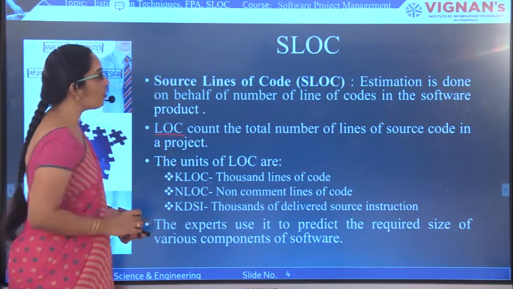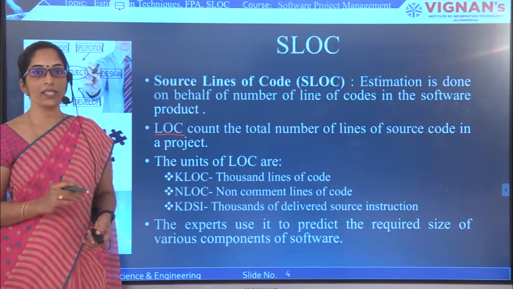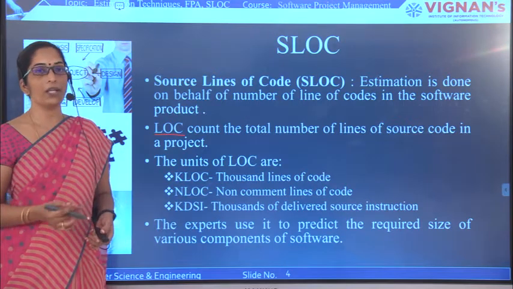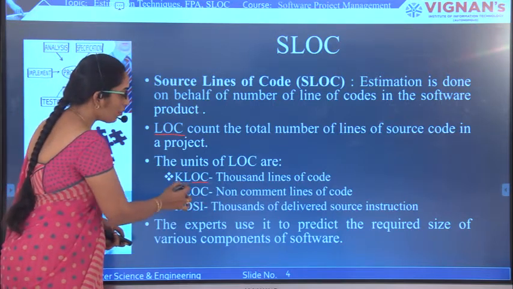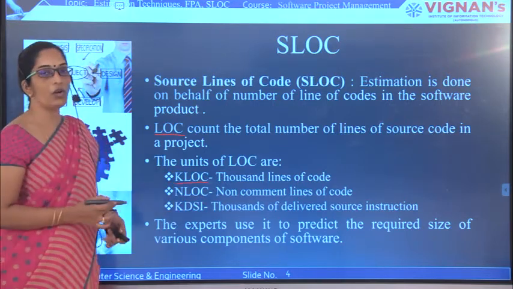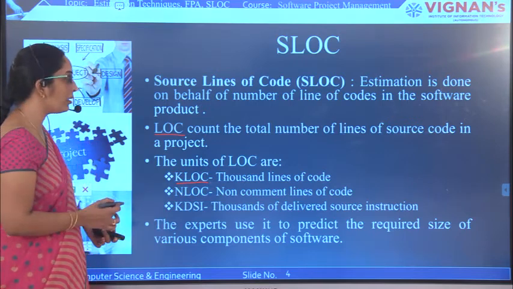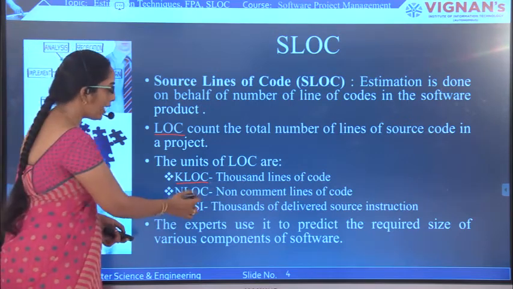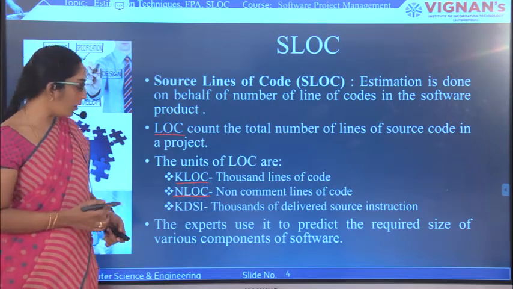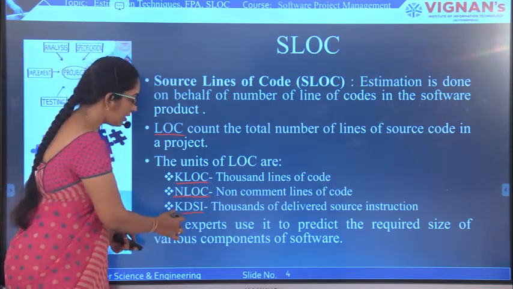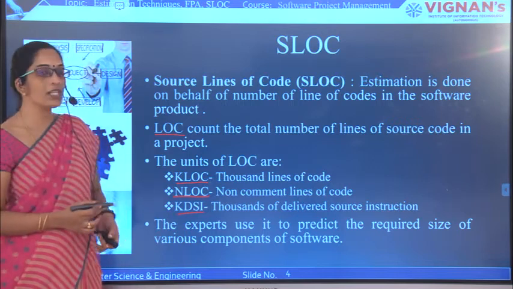LOC always counts the total number of lines that are written by the programmer in the code. So the units of LOC are KLOC, which is kilo lines of code, which is always in 1000 numbers, and NLOC is nothing but non-comment lines of code, and KDSI is nothing but thousands of delivered source instructions.